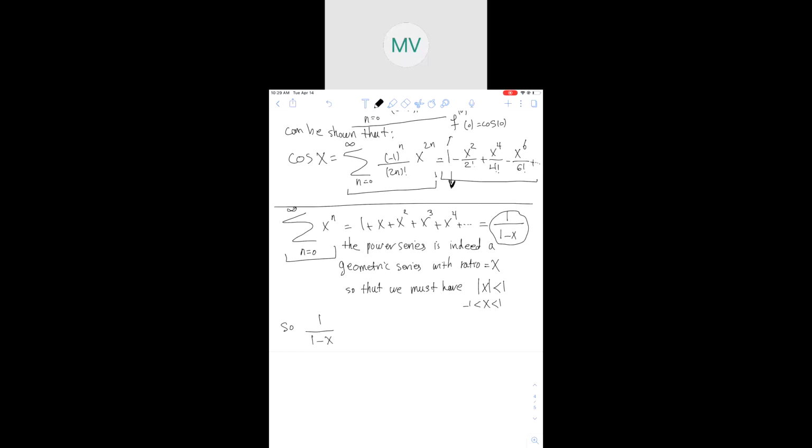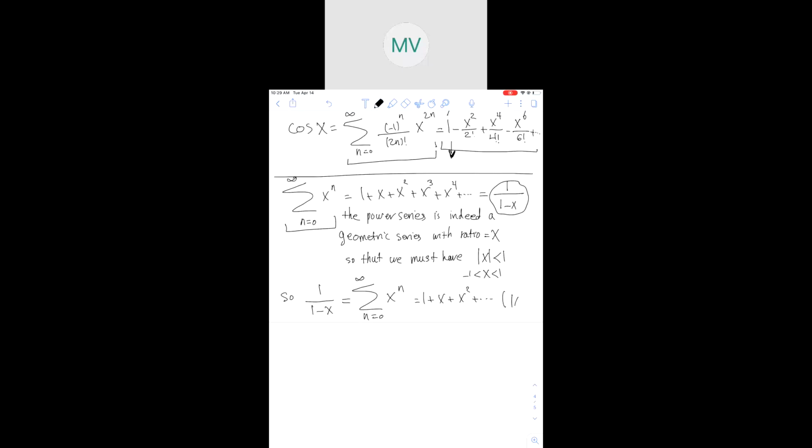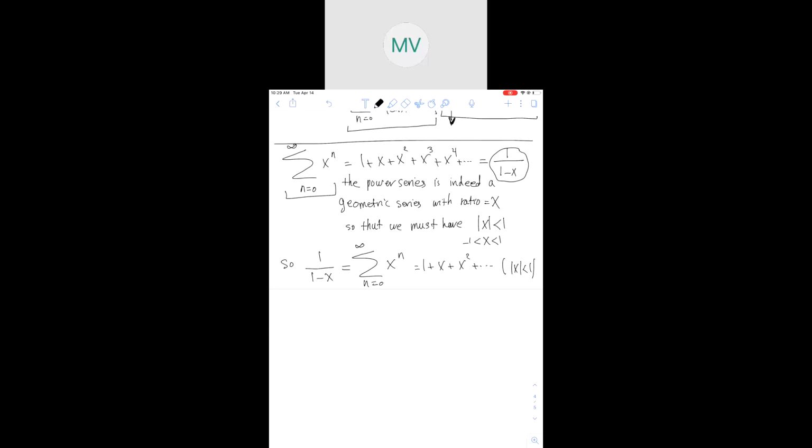So the Maclaurin series of 1 over 1 minus x is the sum of x to the n from 0 to infinity, which is 1 plus x plus x squared plus so on. Just make sure you mention that the absolute value of x is less than 1, strictly.